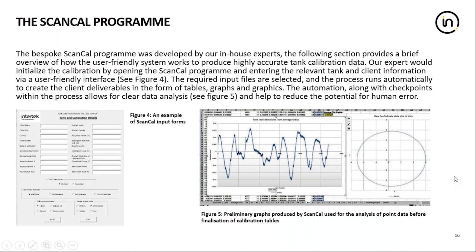And all of this is done automatically by our software, but it also has the data QC to see if we have made errors, and that allows us to correct these errors while we are processing the data.